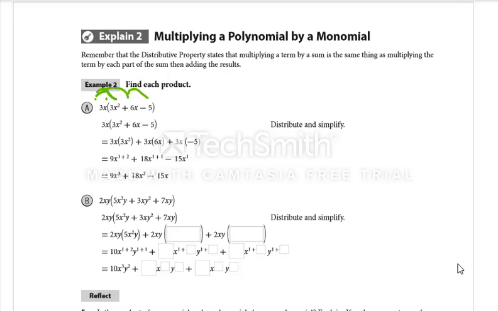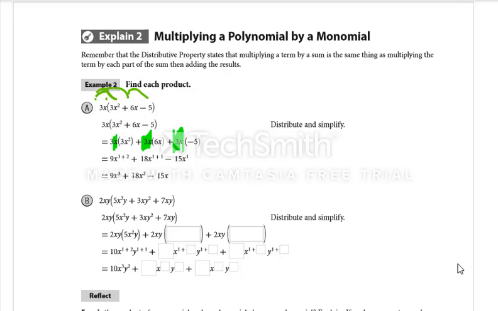All right, so the 3x times the 3x squared. There should be a 3x in front of each piece: 3x times the 6x and 3x times the negative 5. All right, multiply the front numbers together again.